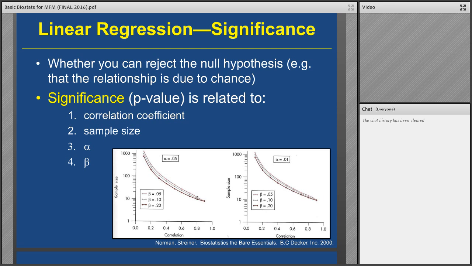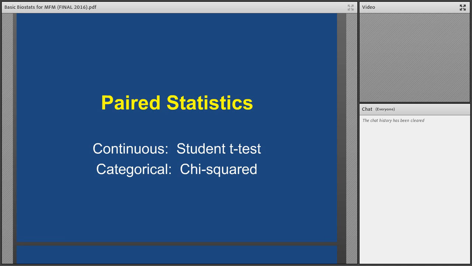So our acceptable error of alpha and beta error, what we're plugging into our statistical calculator. So correlation coefficient is very important, but those three other factors are really what determine whether or not our data or the association is significant or not.